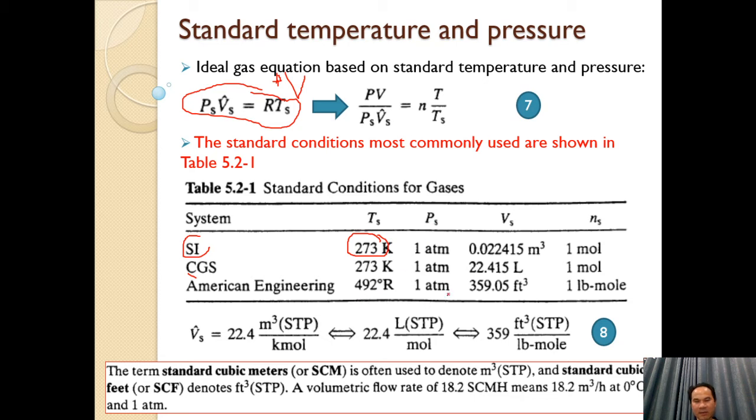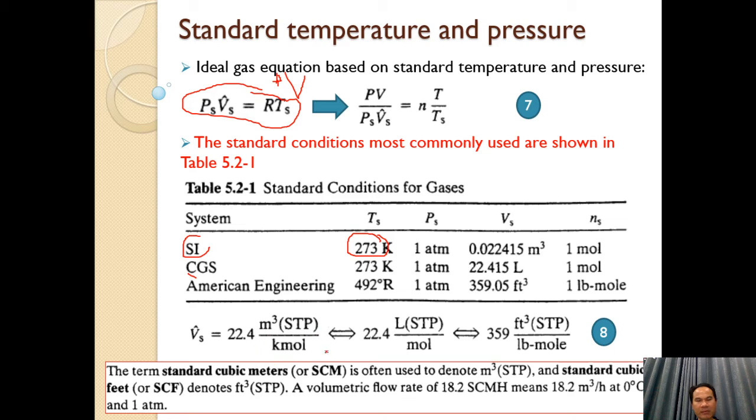Pressure is 1 atm also, and V_S is 359.05 cubic feet. The amount is 1 pound mole.